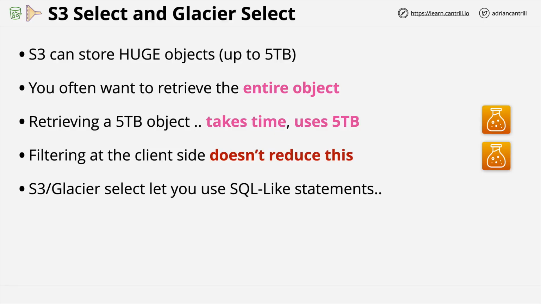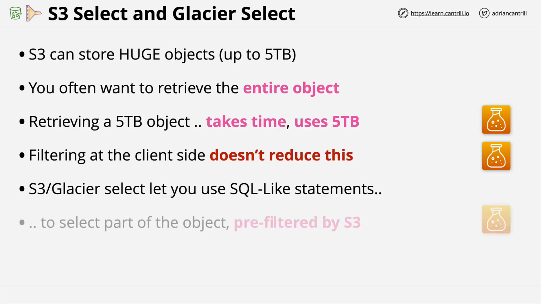And the way that you do this is that both services allow you to create a SQL-like statement. So a cut down SQL statement. So you create this, you supply it to that service, and then the service uses this SQL-like statement to select part of that object, and this part, and only this part, is sent to the client in a pre-filtered way.